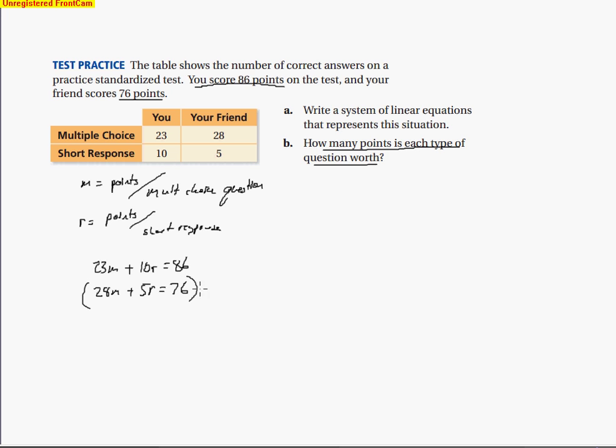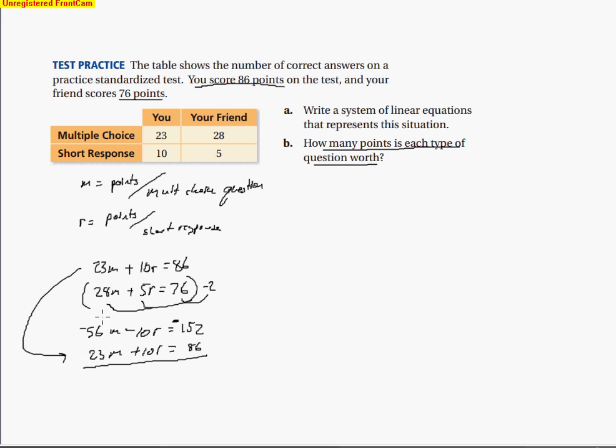I'm going to go ahead and multiply this bottom equation by -2, every number there. And so here I'm left with negative 56m, and then plus negative 10r equals, and then I go ahead and multiply this out, and this makes negative 152. And then over here, I'll just bring this equation down. I'm left with 23m plus 10r equals 86.